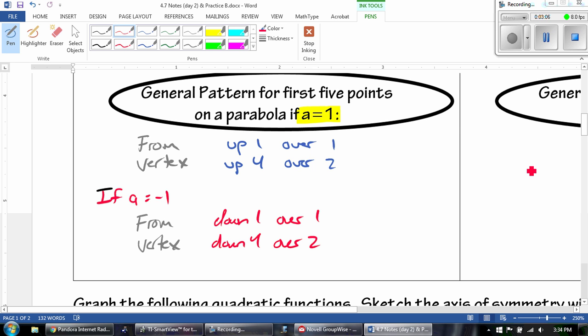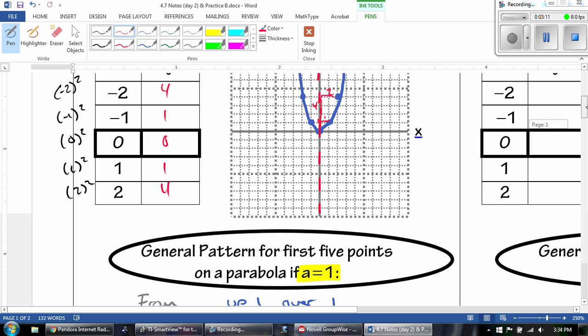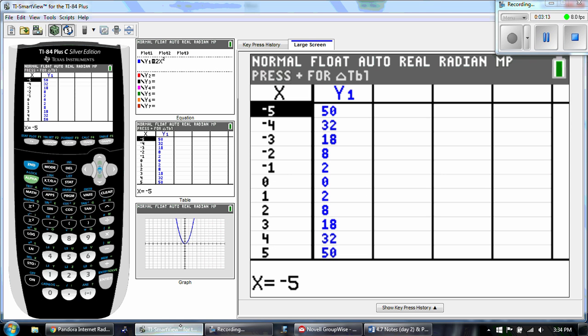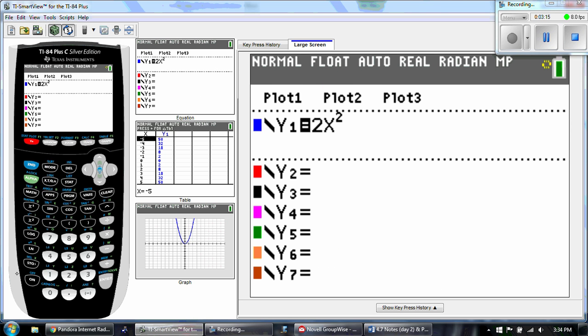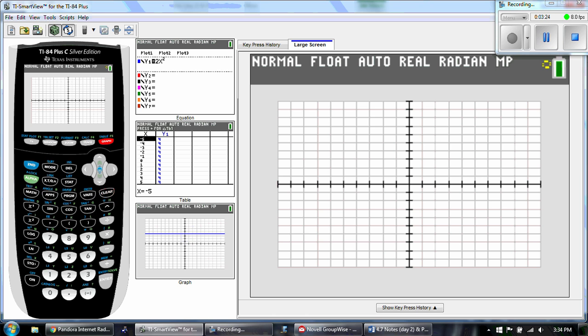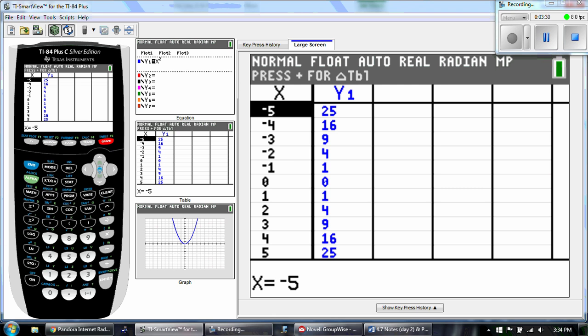Okay? And that's if a equals negative 1. And just remember, from your calculators, you can go into y equals, oh, sorry, let me just clear that. Type in x squared and you can graph to see what it looks like. You can also go into your table to look at your points.